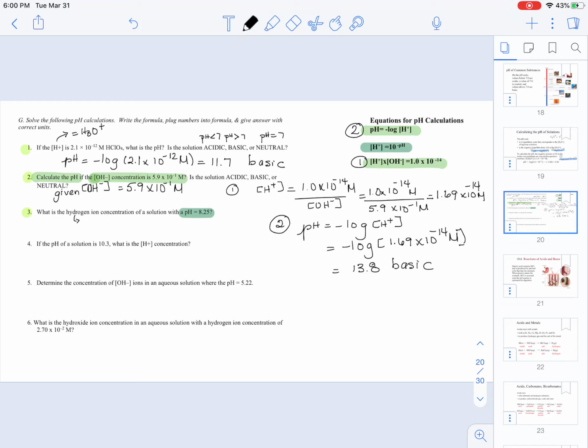Remember that hydrogen ion is the proton concentration, meaning concentration of H plus, and in this case, that equals the concentration of H3O plus.